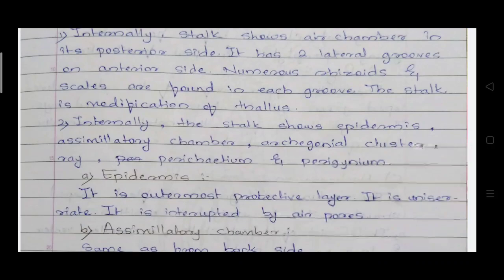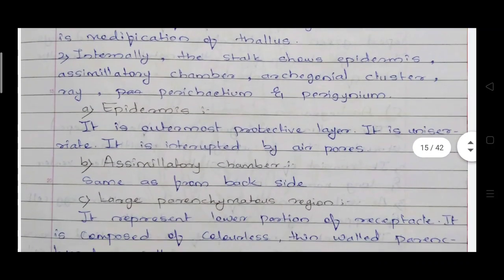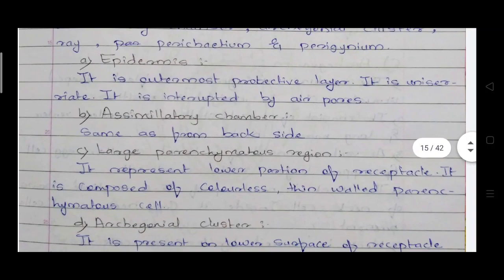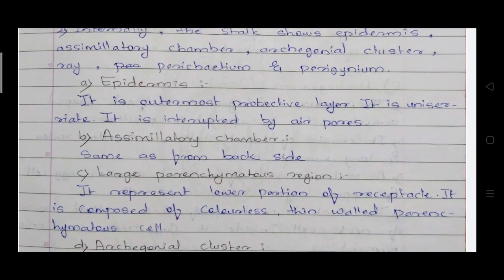This stalk shows epidermis, assimilatory chambers, archegonium clusters, rays, perigynium and perichaetium. The epidermis, assimilatory chambers and large parenchymatous region are similar. These three parts are the same as in the Antheridiophore.